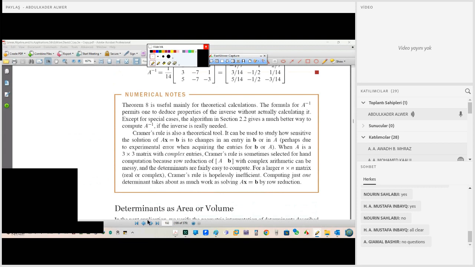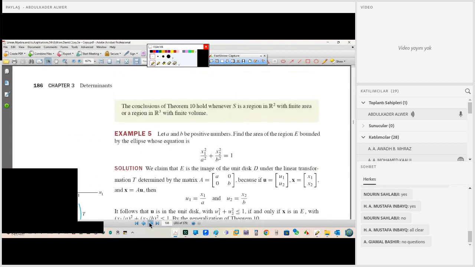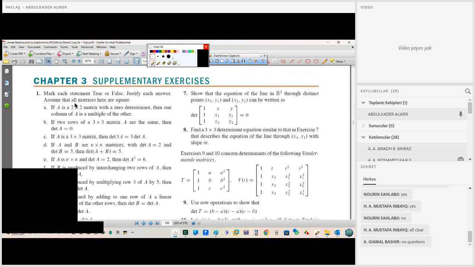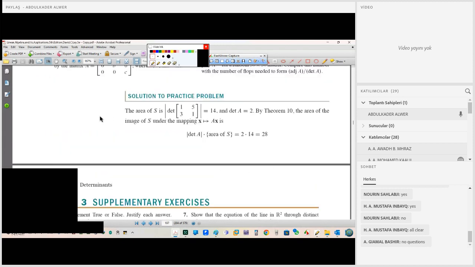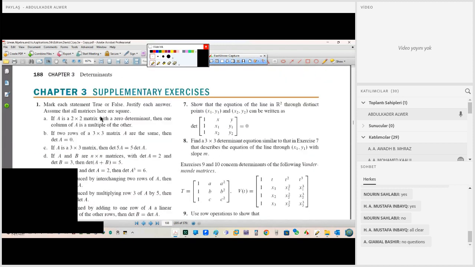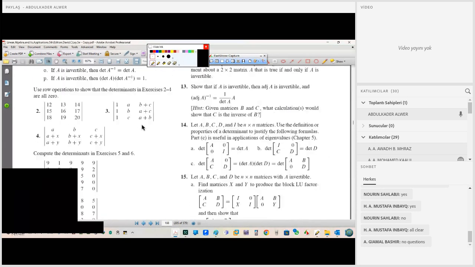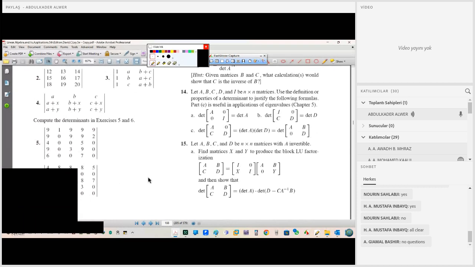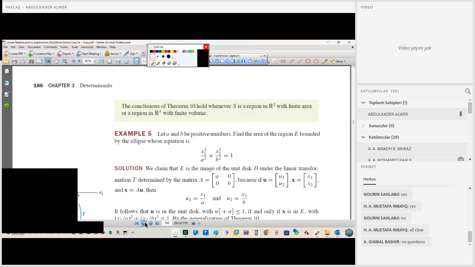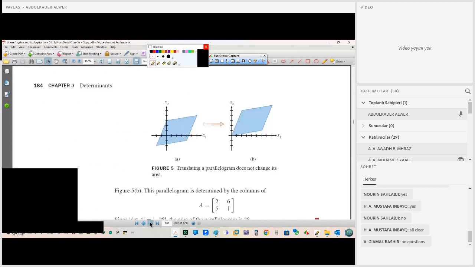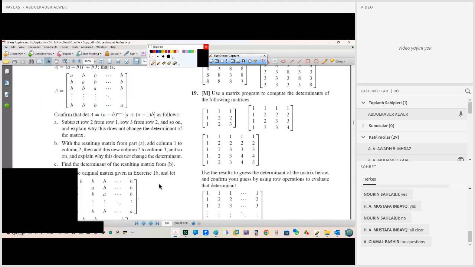If we go to the end of your chapter and read the questions, for example, make each statement correct. This is important. Try to read this one. So let's check the answer. And this one.